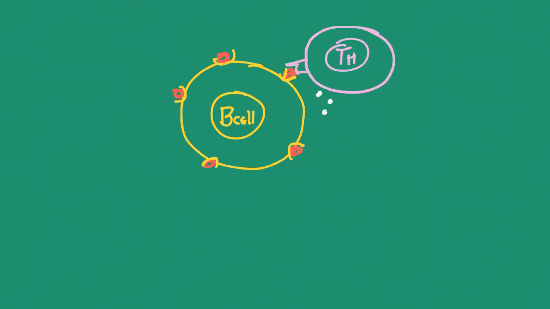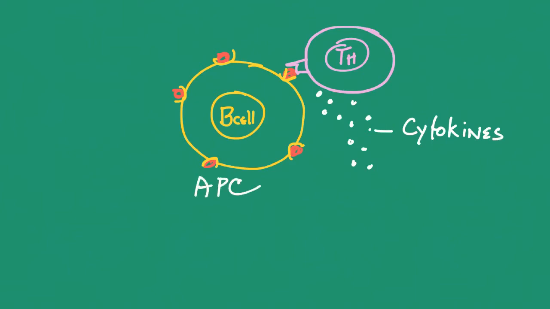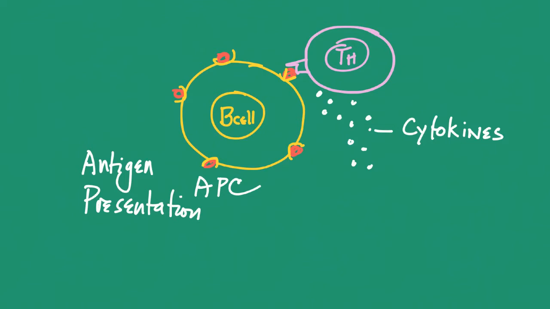It kills the pathogen first and then presents it to the helper T cell, which produces a chemical called cytokine. Cytokines have the ability to stimulate the production of antibodies in the next few steps. This stage is called antigen presentation, and the cell is called an APC, or an antigen presenting cell. And the purpose is to get permission from the helper T cell.